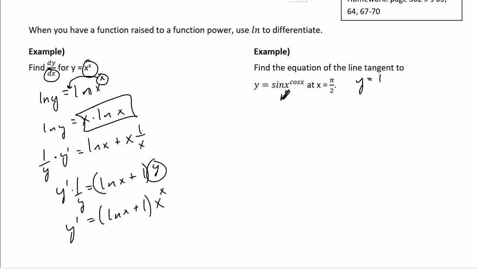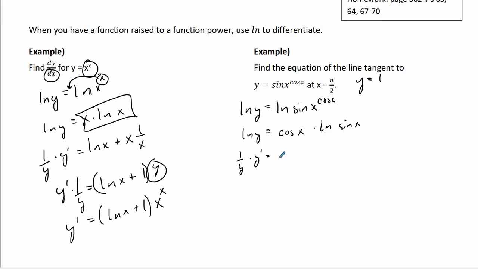Let's see. Then what do I want to do? Now I want to differentiate it. So let's use logarithmic differentiation. I take the ln of the left side, that's equal to the ln of the right side to the cosine of x. Now use log rules. So ln of y is equal to the cosine of x times the natural log of sine of x. Differentiate it now. So it's 1 over y times y prime equals, this is product rule again.